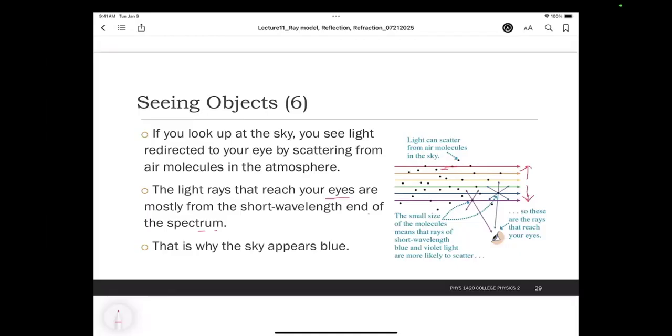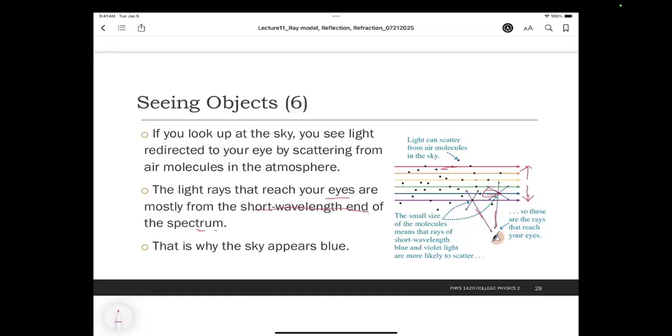So if you look up at the sky, you see the light directed to your eye by scattering from air molecules in the atmosphere. The short wavelength end of the spectrum, this part, reaches your eyes. This is why the sky appears blue.